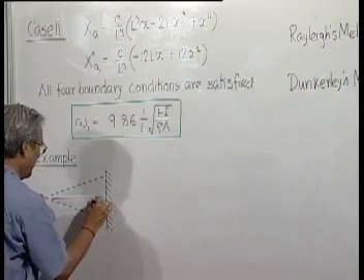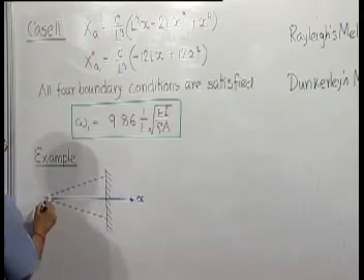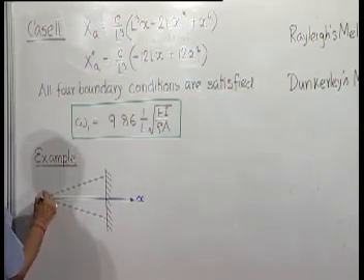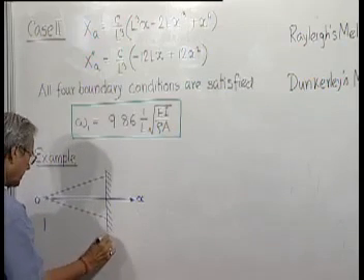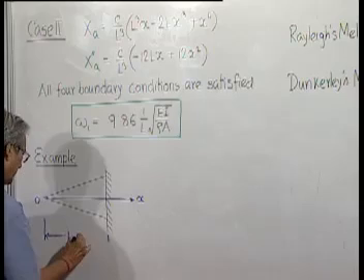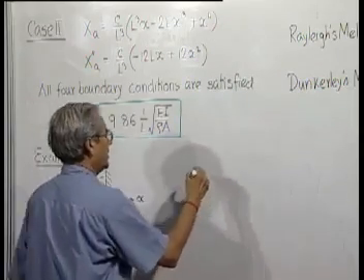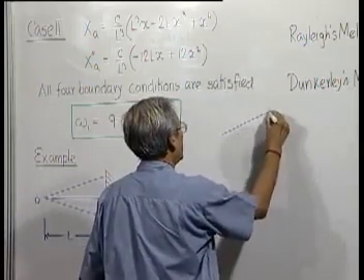The length of the beam is L as before, and the depth, that means in reality this beam is a cantilever beam with constant width.